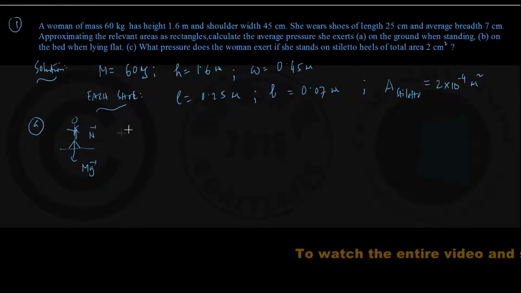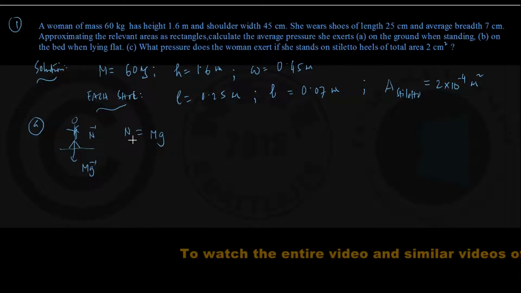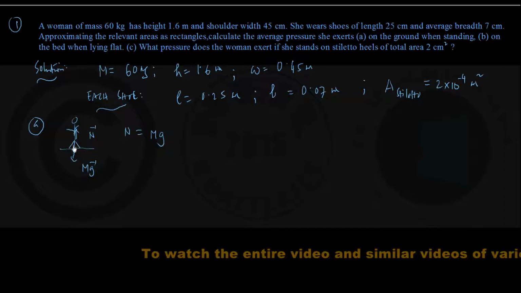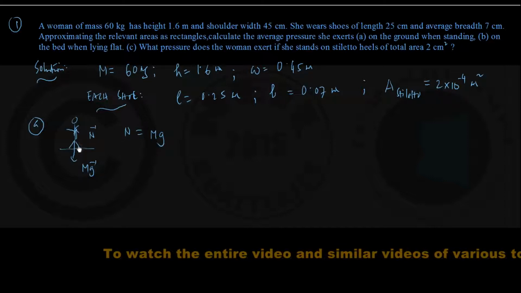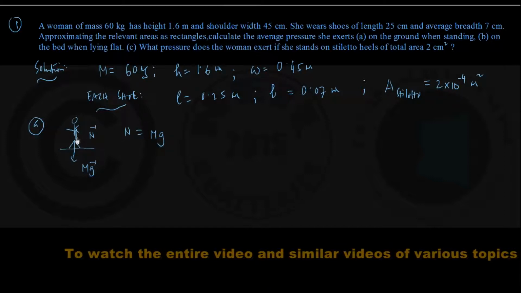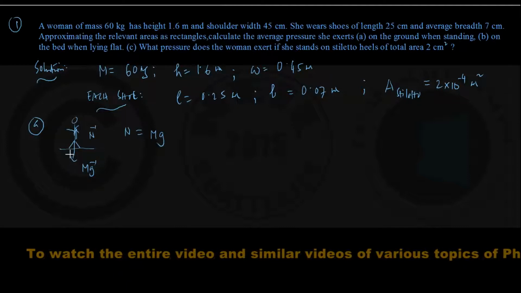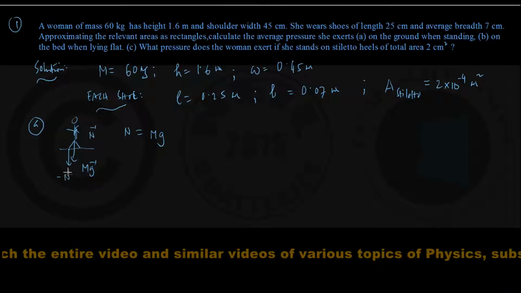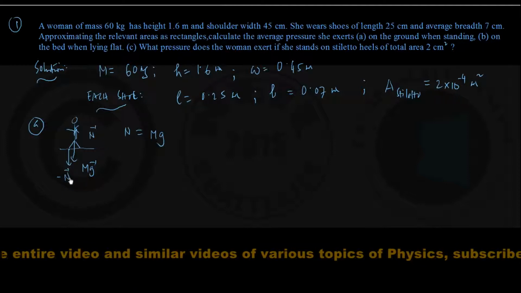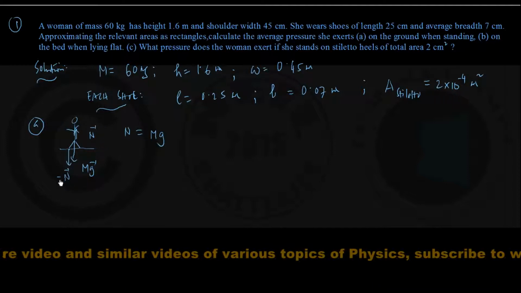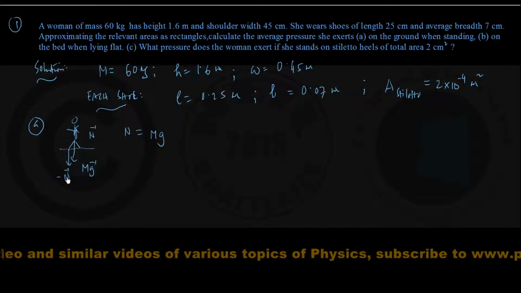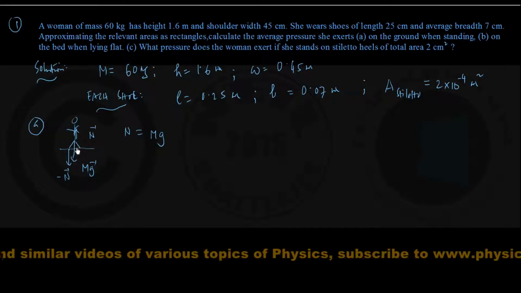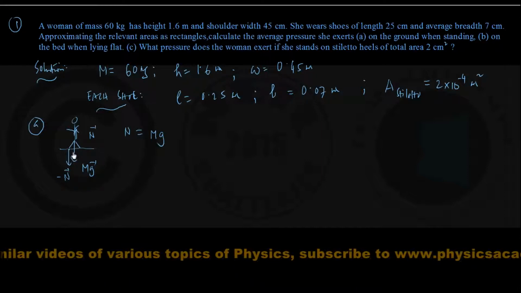Therefore, the normal force given by the ground on the woman is equal in magnitude to mg. Then, by Newton's third law, the woman also gives an equal but opposite force, minus N, onto the ground in the downward direction. And we are looking for this minus N, the normal force given by the woman onto the ground through her shoes.